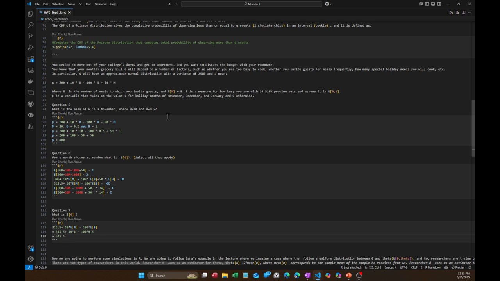We came up with some values, like the mean of G for November with M equal to 10 and B equal to 0.5 was 400. But if you take the expectation of G without a specific month, it comes out to 342.5.